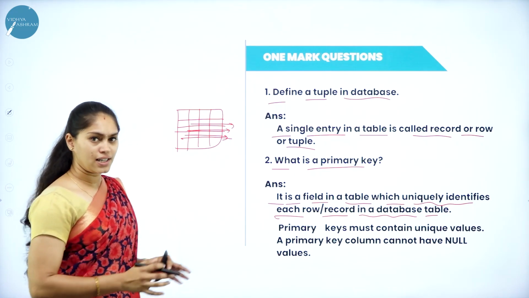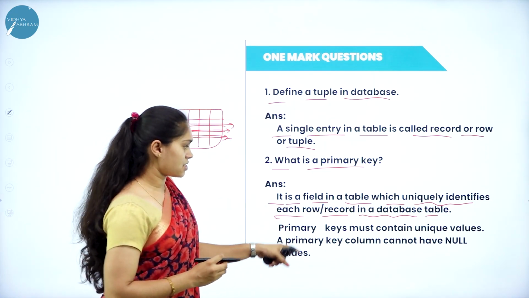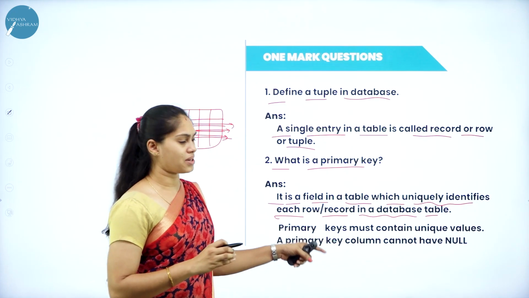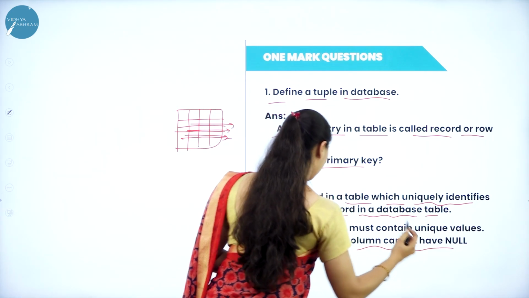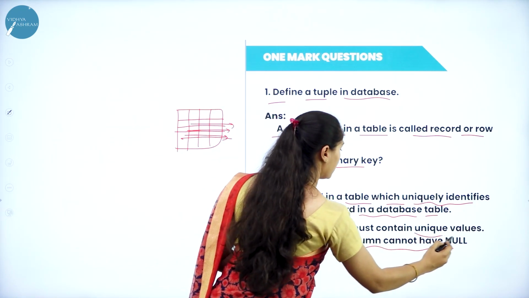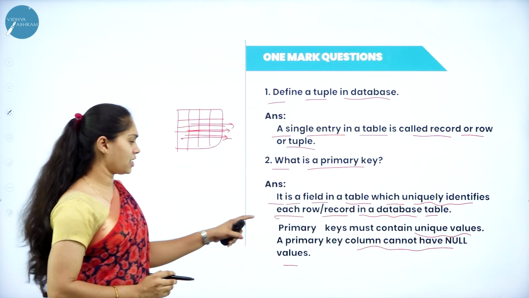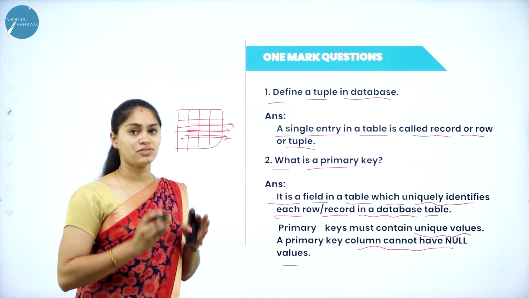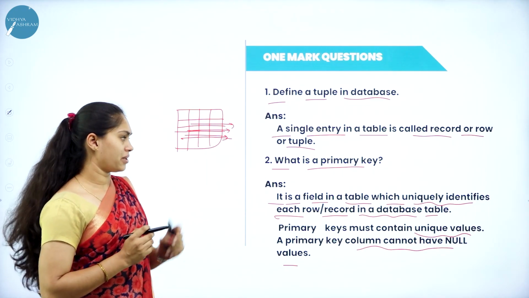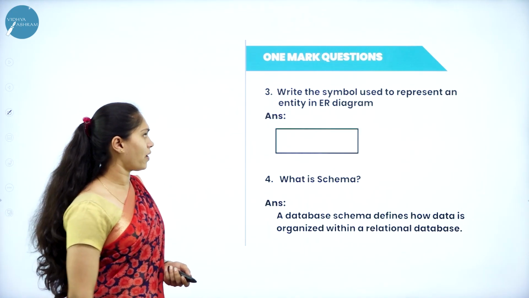We have to satisfy one constraint when we make any column a primary key. The column cannot have a null value and it must contain unique values. These are the 2 conditions that need to be satisfied if I want to consider any column as a primary key. Let's see the next question.